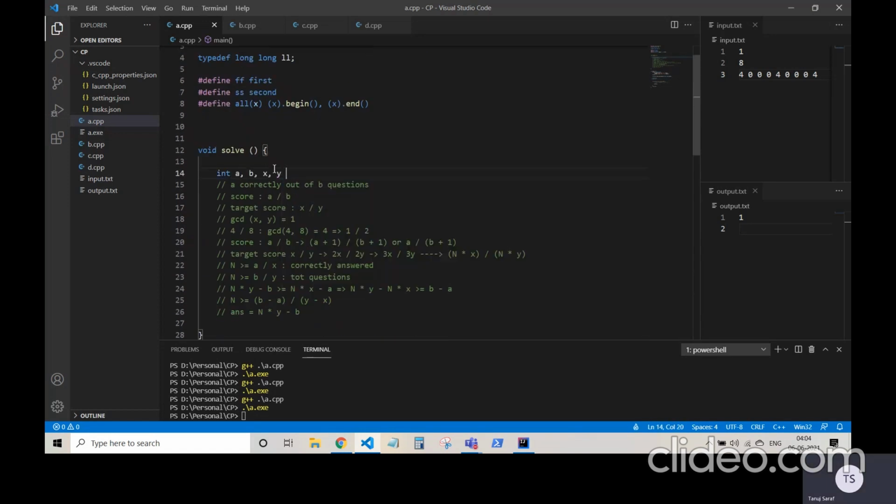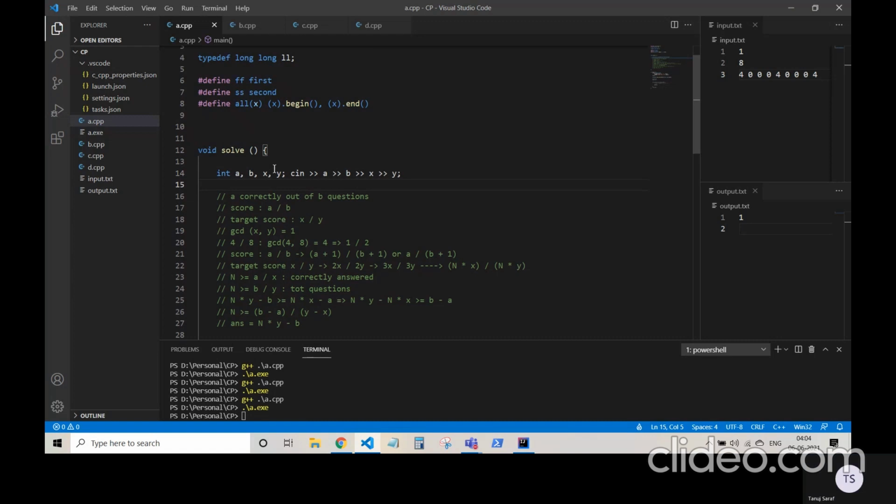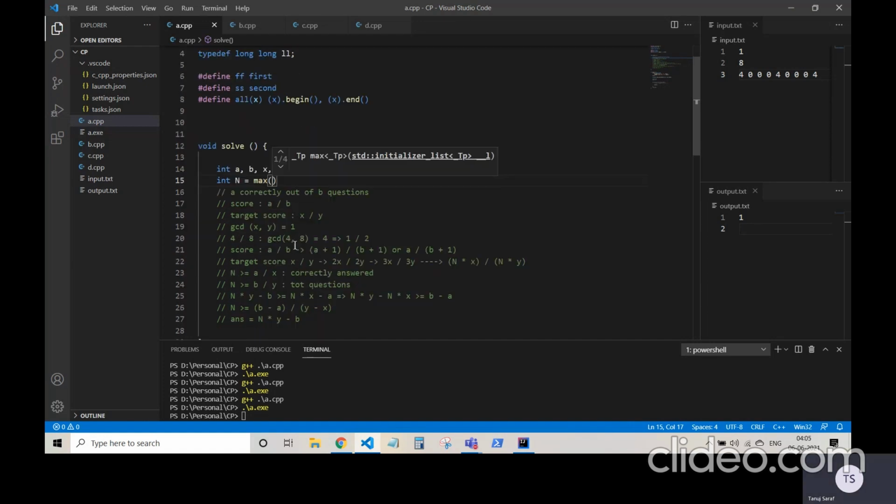So we have a, b, x and y. And I'll use the same variable name n that I've used while describing the problem. So we want this n to be the max of three minimum values, that is a by x, b by y, and this one.